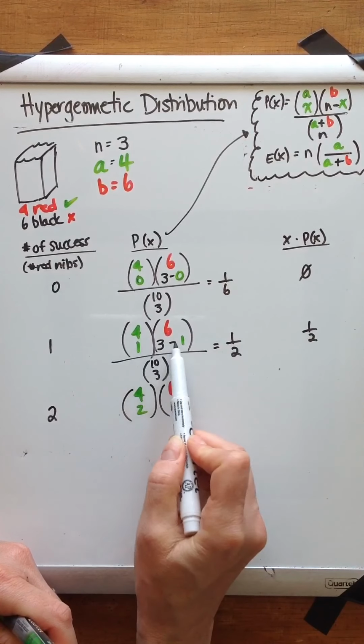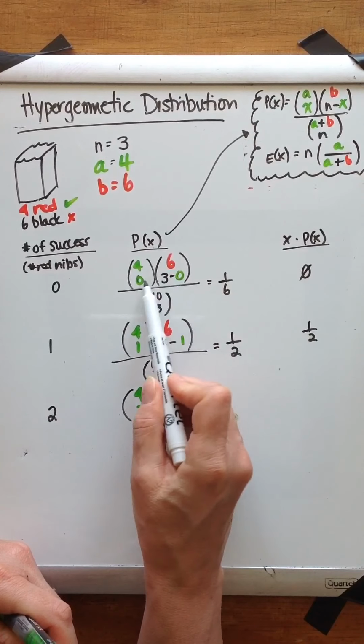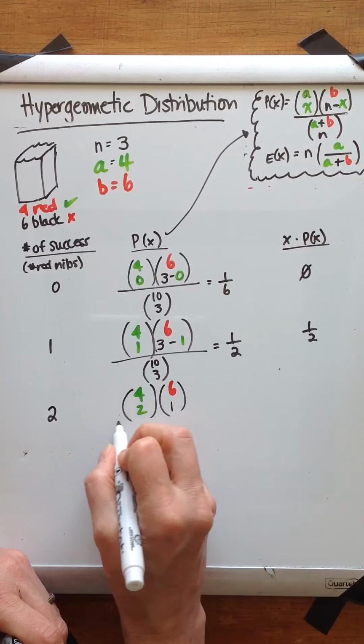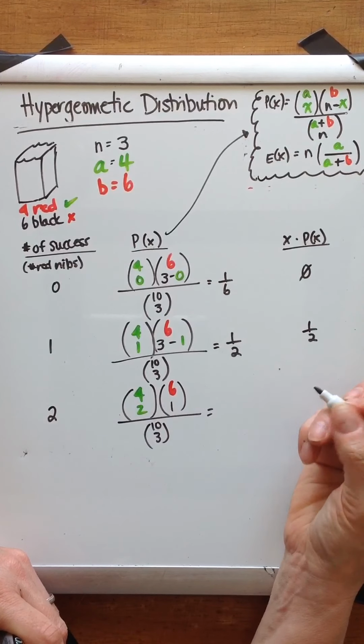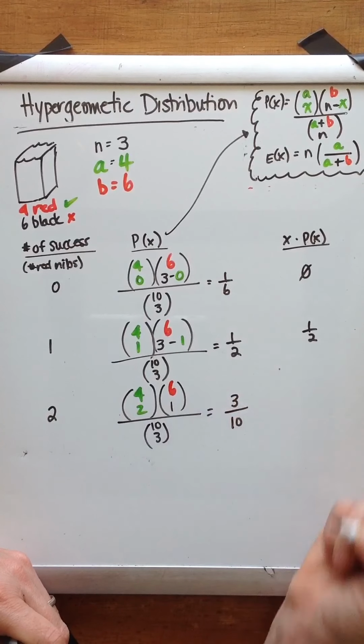Notice again that this plus this is going to be the total number of trials, right? 3 plus 0 is 3 trials, 2 plus 1 is 3 trials, 2 plus 1 is 3 trials. And again, over 10 choose 3. So, again, you should try this. Make sure you can get the math. You should get 3 out of 10.